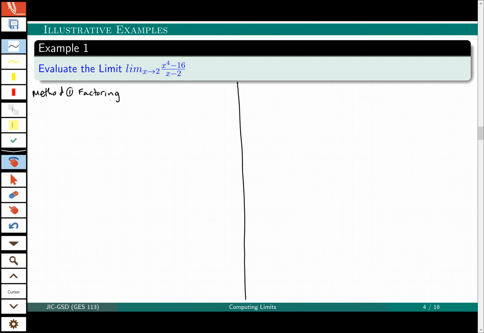In this example, we are going to use the first squared minus second squared, which is square root of the first, which is a, minus square root of the second, which is b, times square root of the first plus square root of the second.